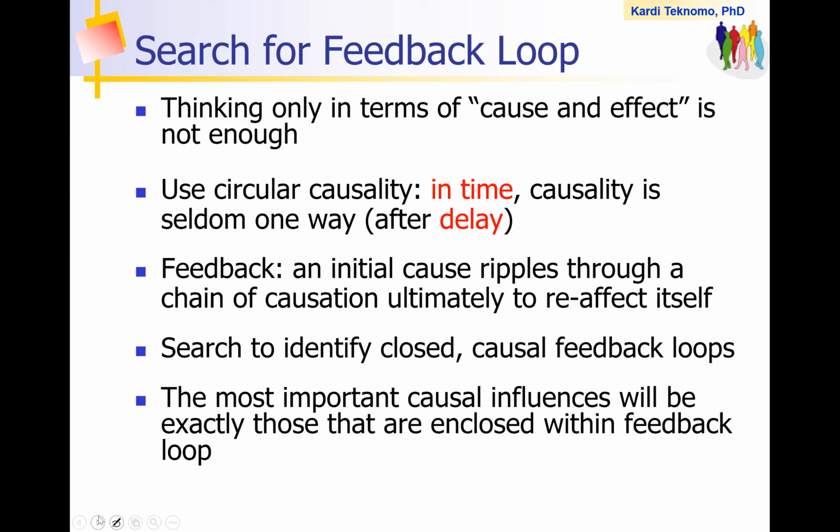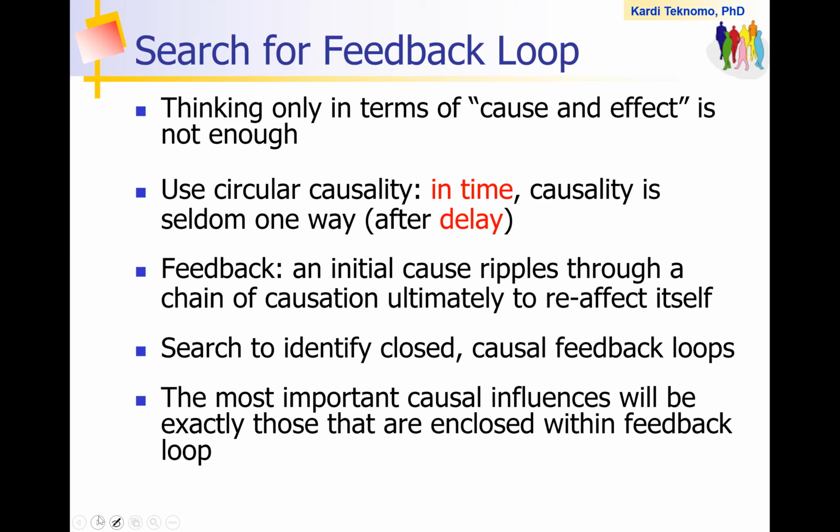So the feedback will cause the ripples through the chain of causation will ultimately re-affect to itself. So you need to find the karma. So again, identify the closed causal loop within the system.